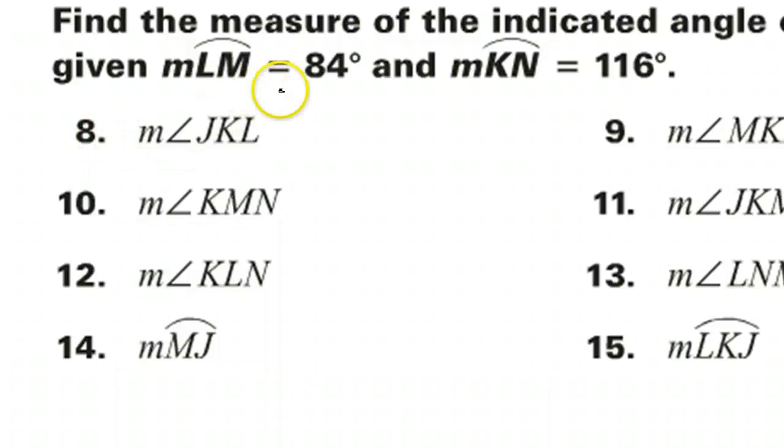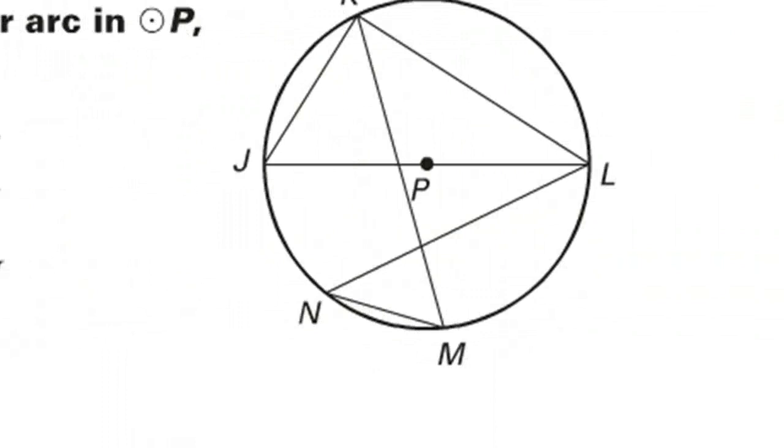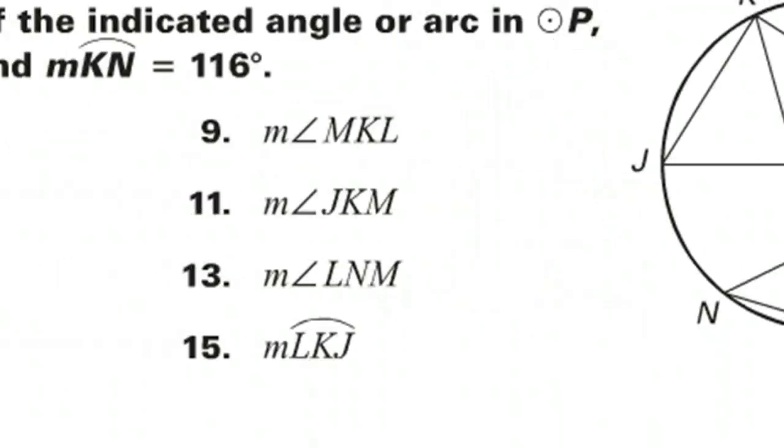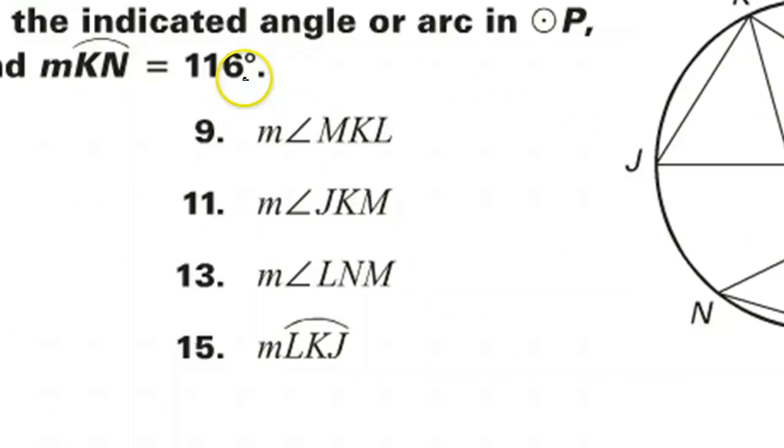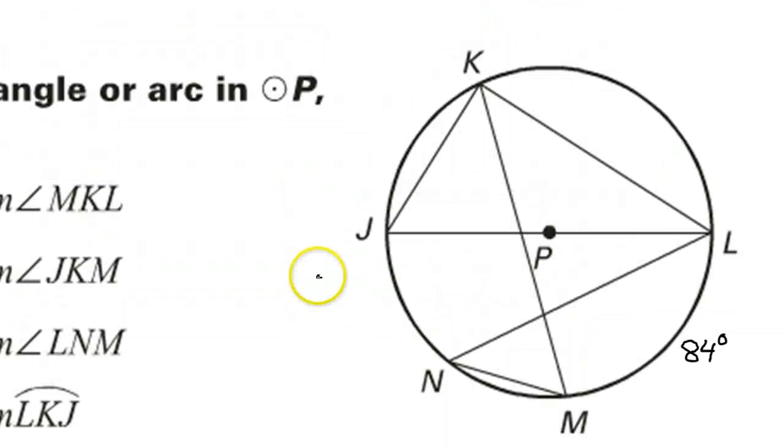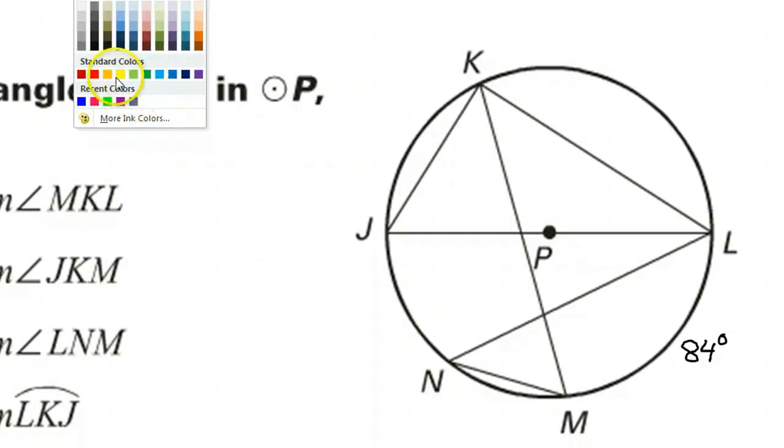Alright, first of all, let's nail down what the givens are. Arc LM is 84 degrees. So here's arc LM, and this is 84 degrees from L to M. And arc KN is 116 degrees.